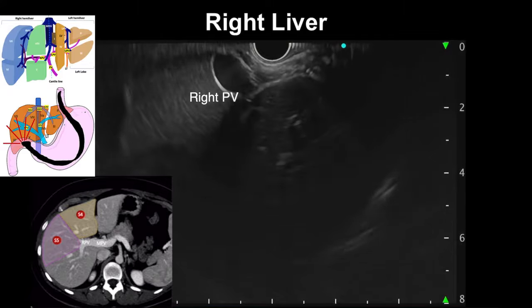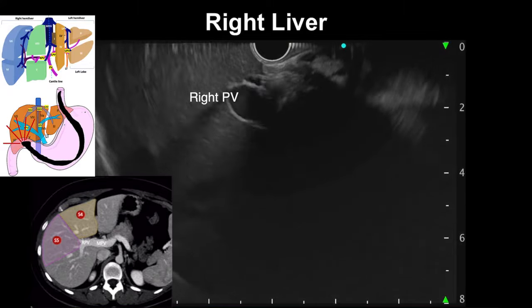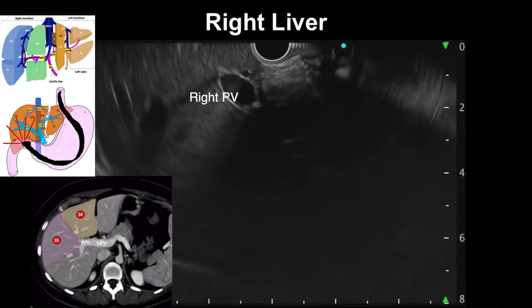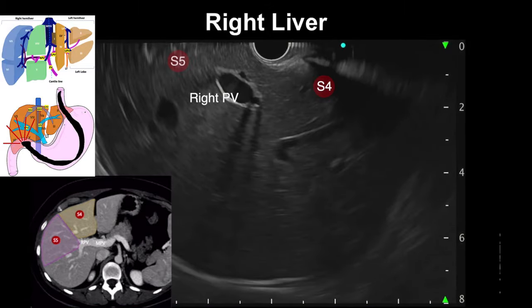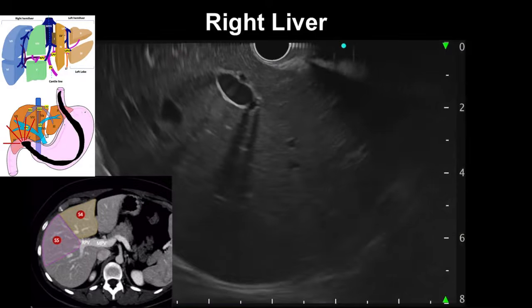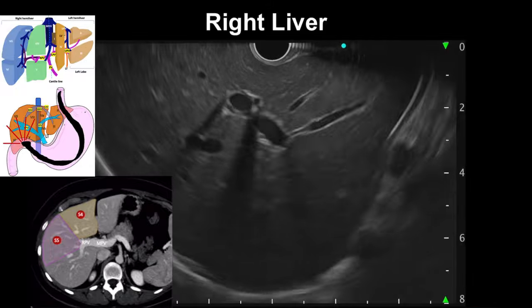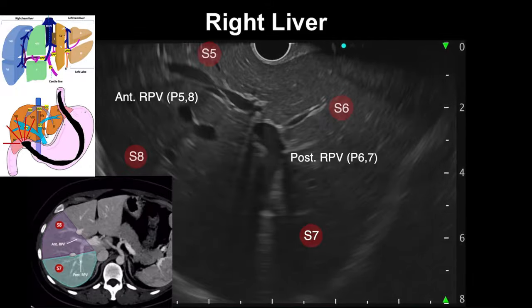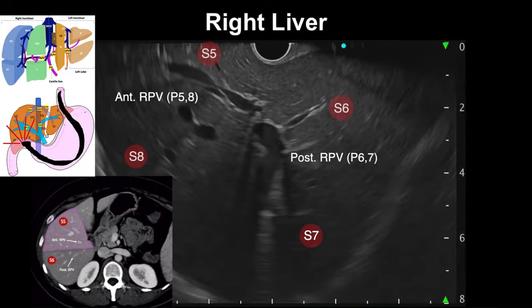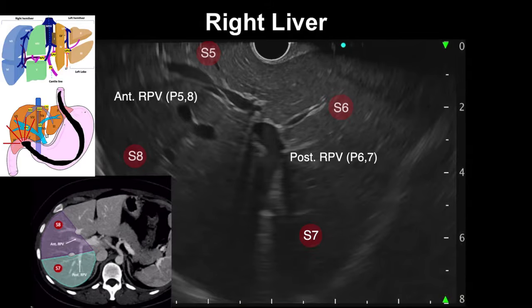Rotating the scope counterclockwise and releasing the big knob down, the right portal vein can be traced until segment 4 is seen on the right part of the screen and segment 5 on the left side of the screen. With the big knob released, applying a slightly further counterclockwise rotation and keeping the tip of the scope in contact with the duodenal wall, the right portal vein can be traced until it branches into the right anterior and right posterior branches.